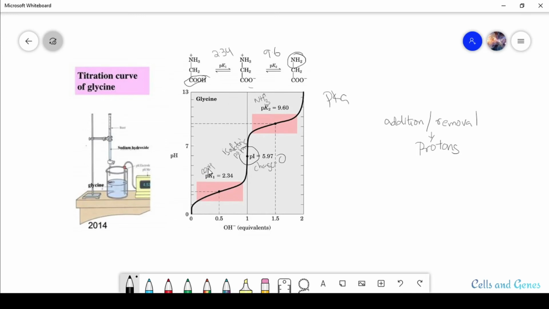Looking at the pK1 value, there are two regions on either side of this pK1, extending from almost pH 1. There is a flat portion of the curve which indicates that it is a good buffer near this pH. The other buffering zone is centered at the pK value of 9.6.